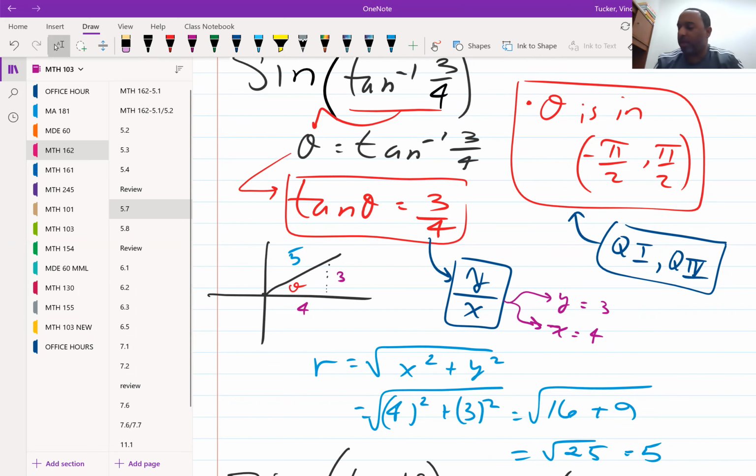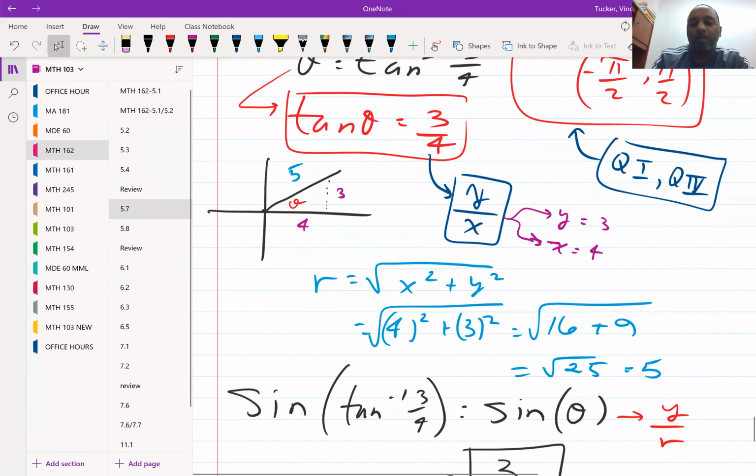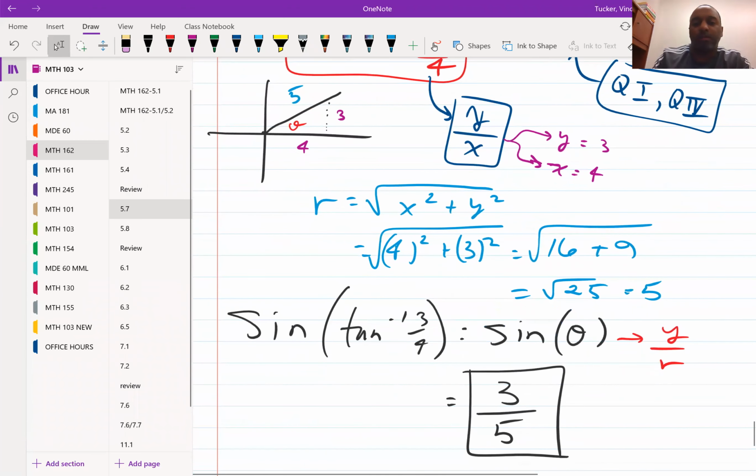All right. So now we have sine of theta, which is going to be y over r. Y is 3, r is 5, so that will be 3/5.